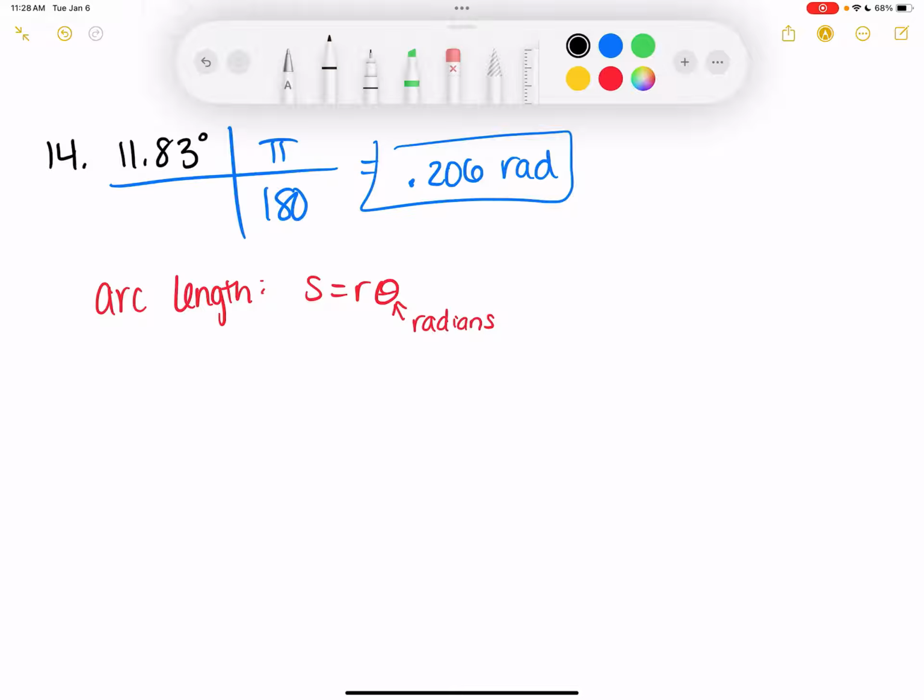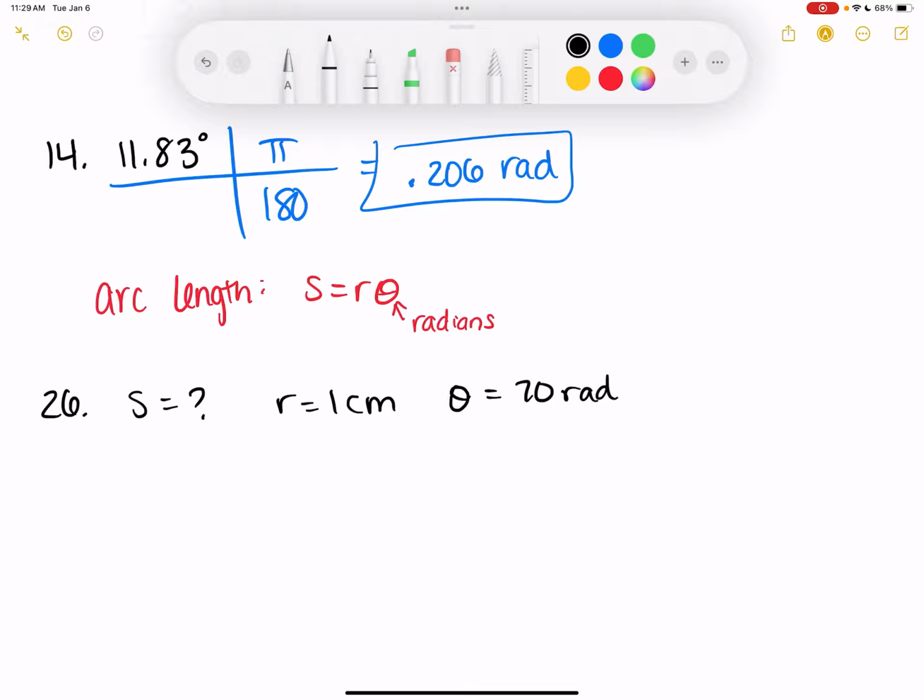So they're going to give you some portion of the information. They might give you arc length, they might give you radius, and they might give you your theta value. They're going to give you 2 of those 3 values, and you're solving for the other one. So 26: S is unknown, R is 1 centimeter, and theta is 70 radians.